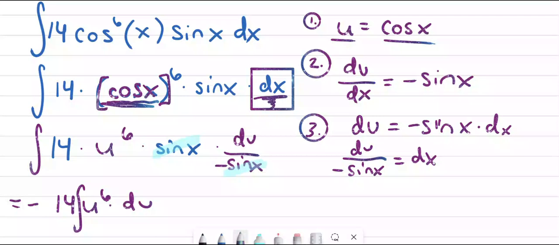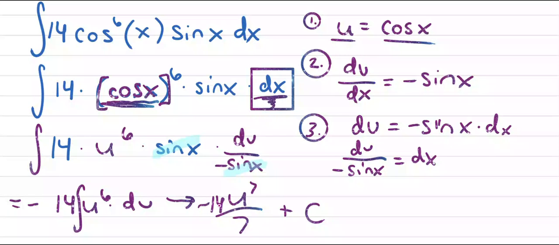All right, so notice we started out with this kind of big mess of a thing that we couldn't take an antiderivative of. And by substitution, we turned it into a really simple antiderivative, just something to the 6th. And so now we can go, well, what's the antiderivative of something to the 6th? It's something to the 7 over 7 plus c. And then don't forget this was multiplied by negative 14 before we started. And so then we'll see if anything cancels out.